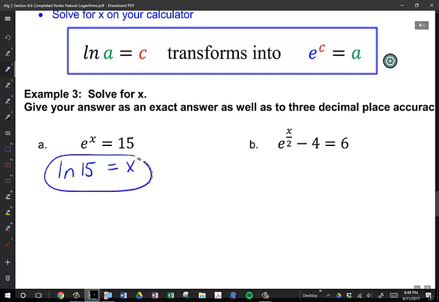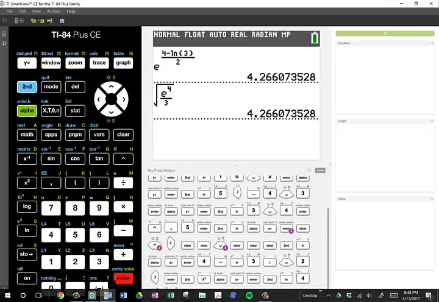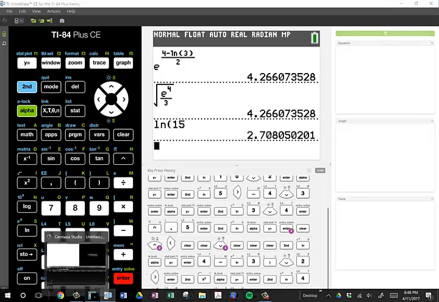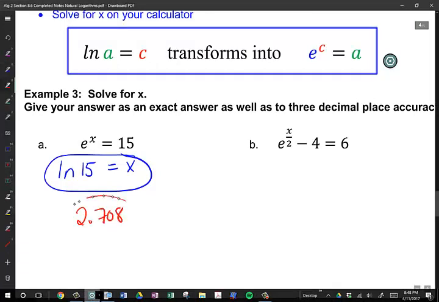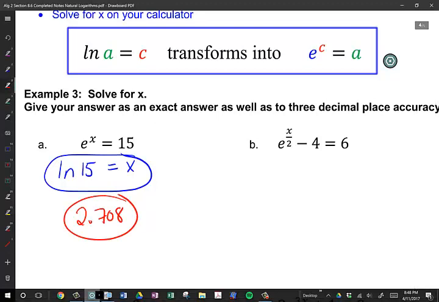So that's our exact answer. And then the approximation for the natural log of 15, very simple and straightforward, is 2.708. Okay, so we've got two different possibilities here. One is a natural log exact, one is an approximation.